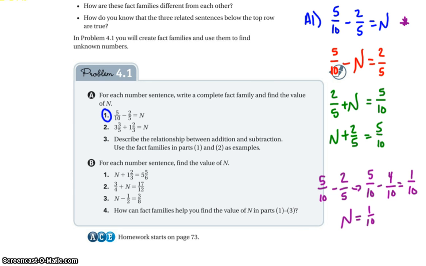So I'll back up here a second, and we will say that 1/10 plus 2/5, okay, 2/5 would be rewritten as 4/10. So 1/10 plus 4/10 would give us 5/10. All right, so n does truly equal 1/10.